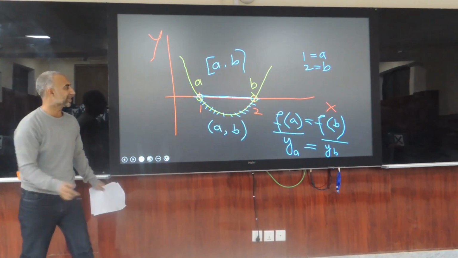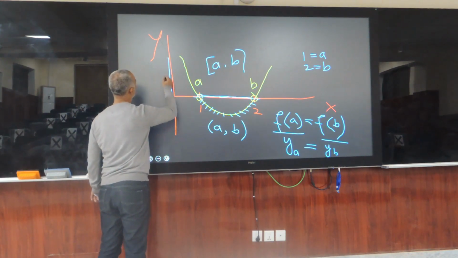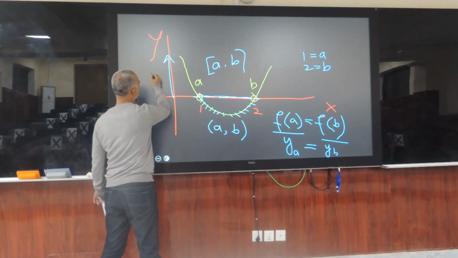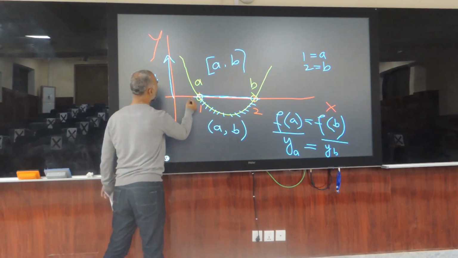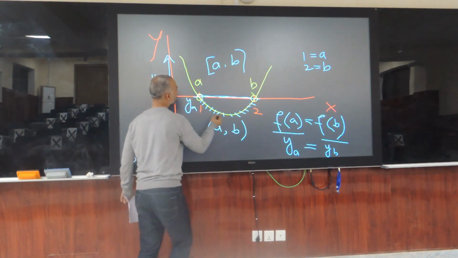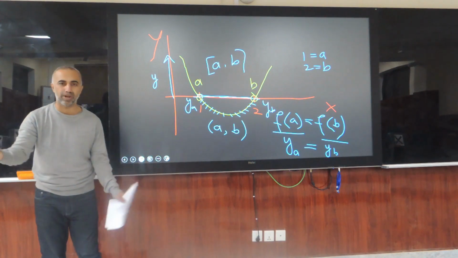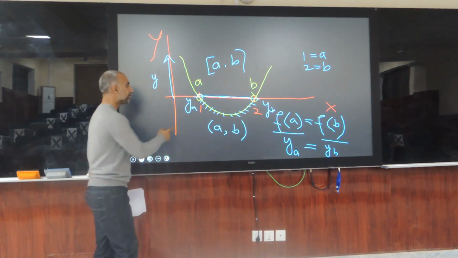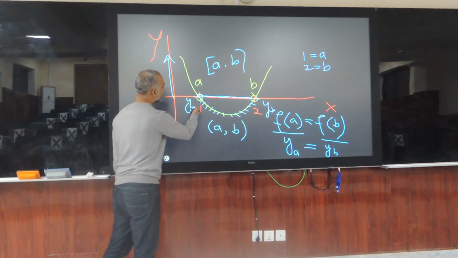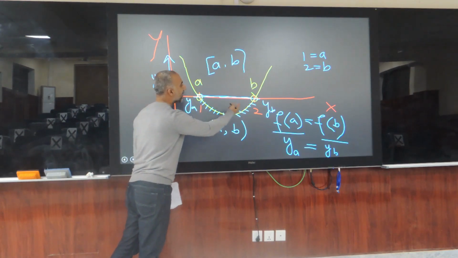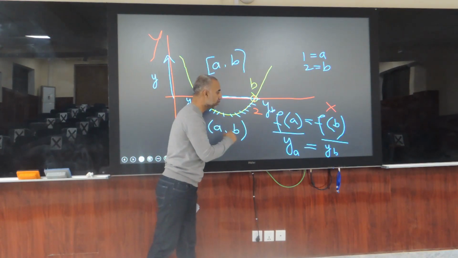There is no change in the y-axis. This is y A, this is y B. Just assume the value of x is 1 and the other value is x equal to 2.